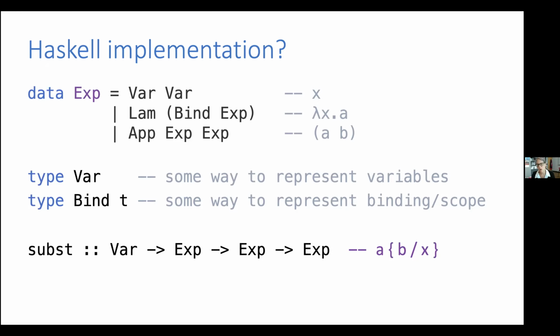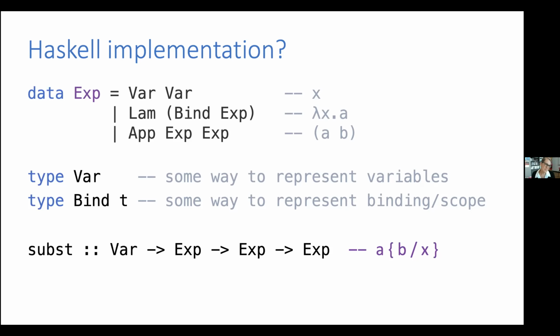But right now, I'm not going to nail down how I'm going to represent variables. There are lots of different ways that we could represent the variable type, and lots of different ways that we can represent the binding type. These two things work together as we implement our substitution function, which calculates the new expression we get if we substitute b for x in A.